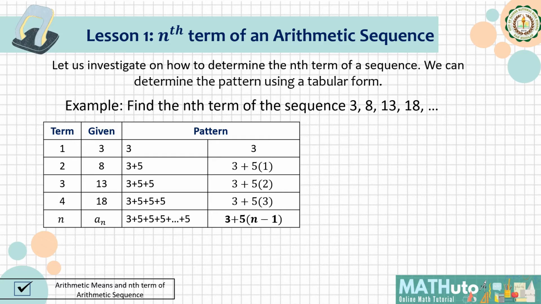Whereas, if we are about to get the nth term of the sequence, that is a sub n, that is 3 plus 5 plus 5 up to the last 5, depending on the number of terms. Therefore, the pattern will be 3 plus 5 times n minus 1.